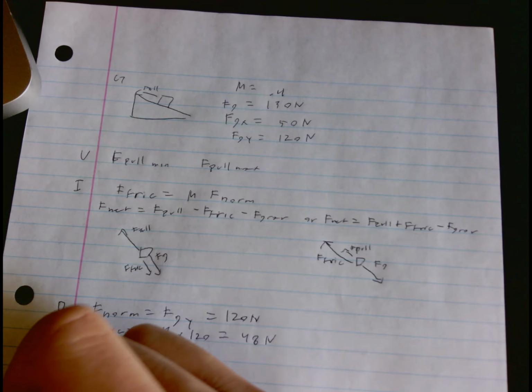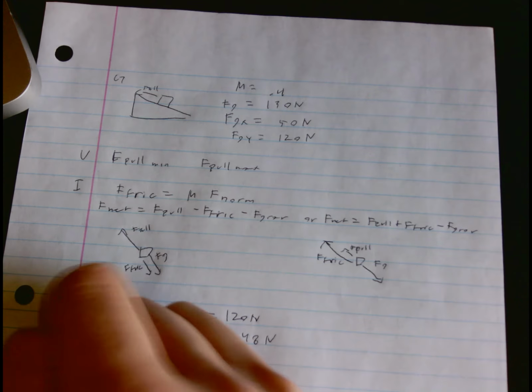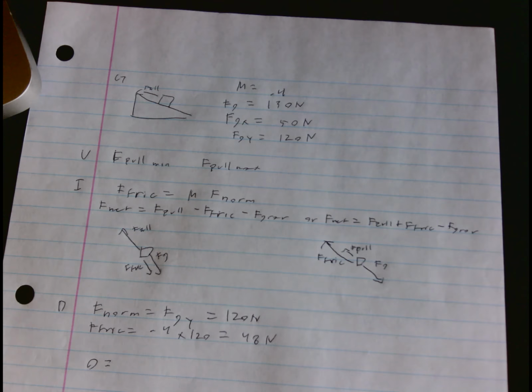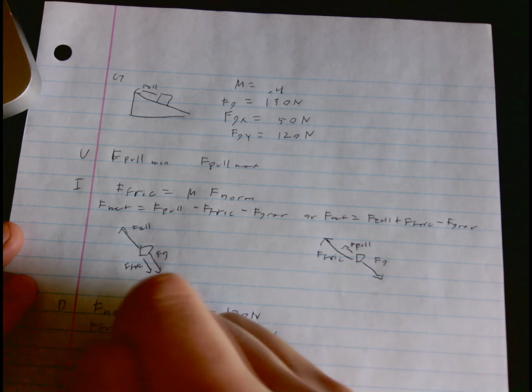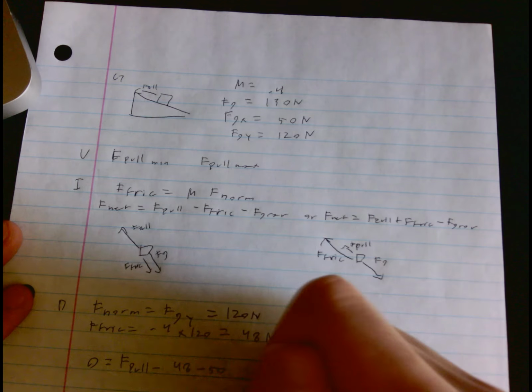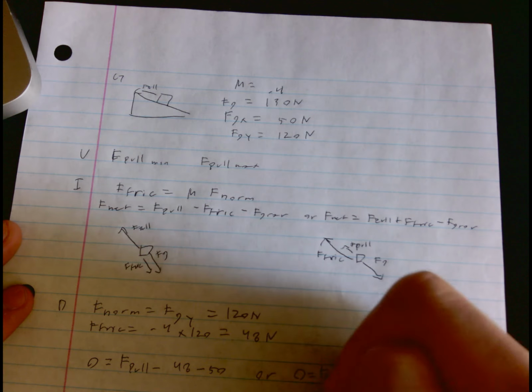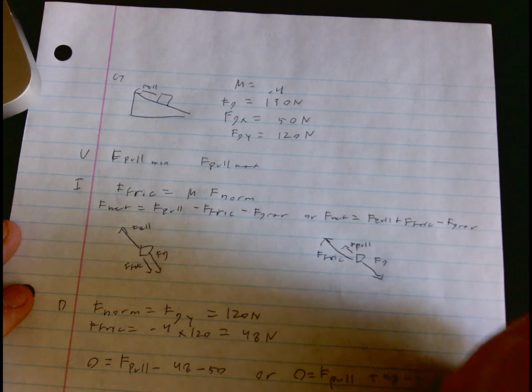Since the box is staying at rest, that means that the net force must be 0, or else work would end up happening. And so 0 equals F pull minus, filling in the variables, 48 minus 50, or 0 equals F pull plus 48 minus 50.